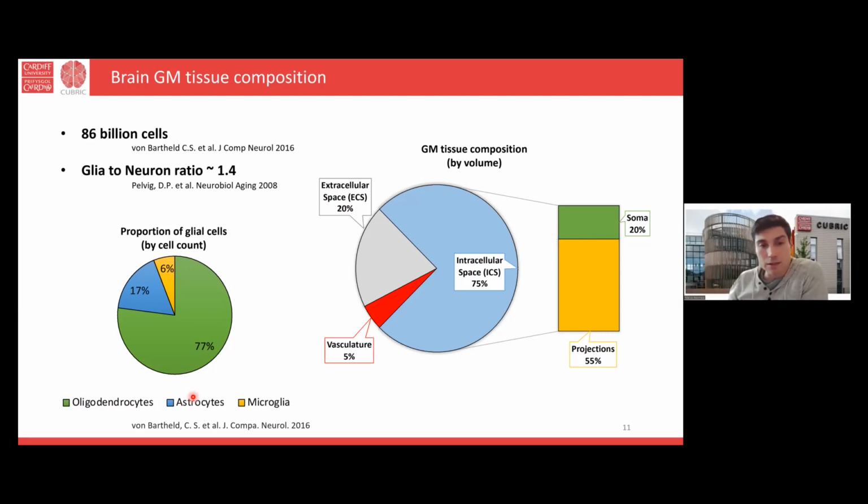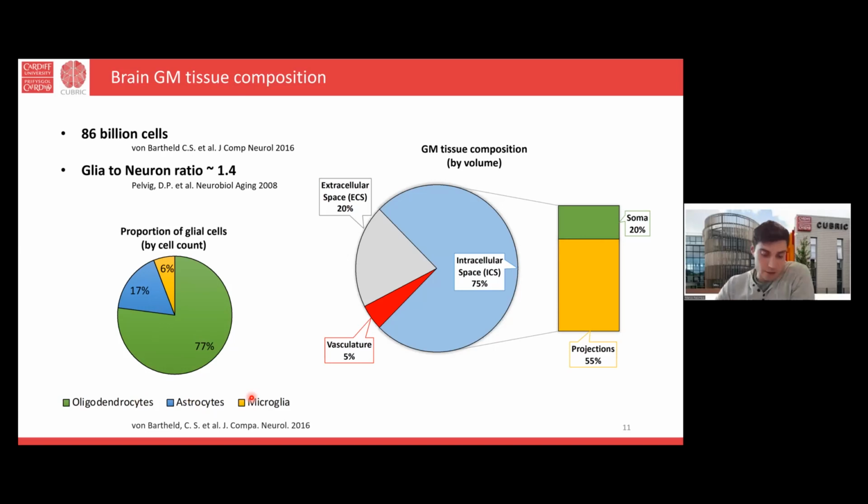But these numbers would reverse if we look at the volume fraction, with astrocytes occupying most of the volume, being the biggest of the glial cells, followed by oligodendrocytes, and then microglia occupying probably around 10% of the volume in general in the gray matter, in the cortex at least.